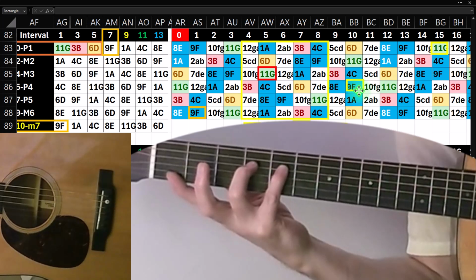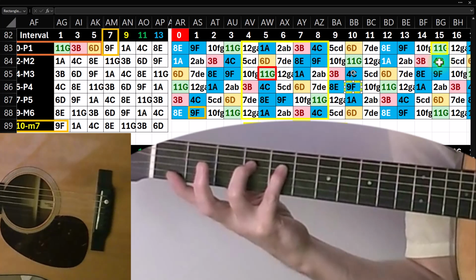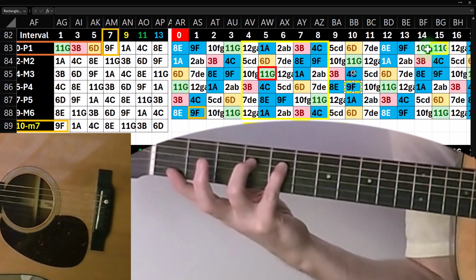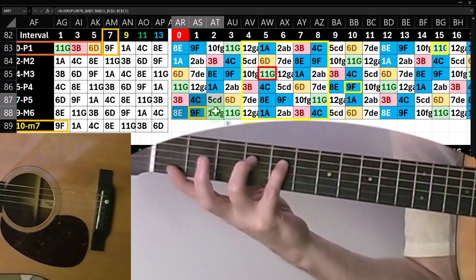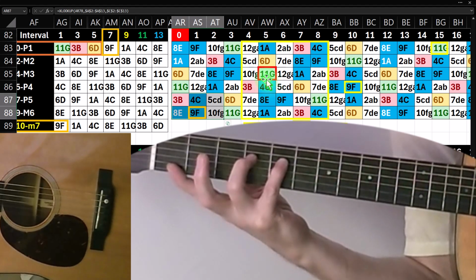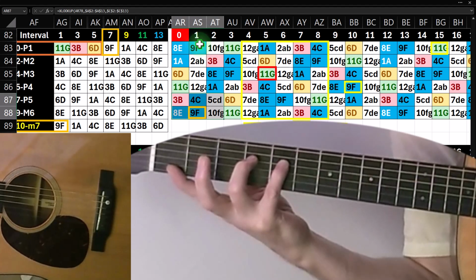The F would be here, shifted up 1. So normally if I go down 3 strings, the 10 note away minor 7 will be 1, 2, 3, 4, 5 frets back. It'll be easier because this got shifted up. If I go down 3 strings and I cross the fault line, the 10 note away minor 7 will be 1, 2, 3, 4 frets back.